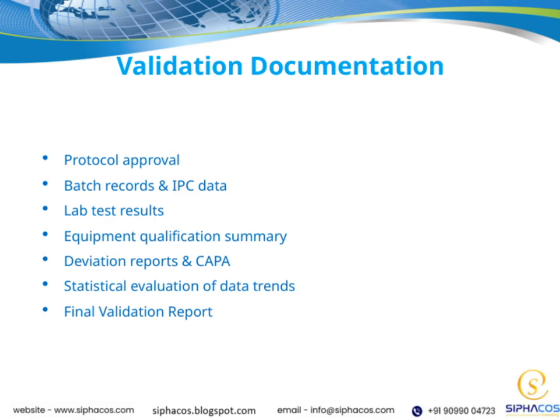Finally, we organize all validation documentation, ensuring that every piece of information is properly documented and accessible for future audits or reviews. These steps collectively ensure that our validation process is complete, robust, and compliant with regulatory standards, reinforcing our commitment to quality and consistency throughout the product lifecycle.